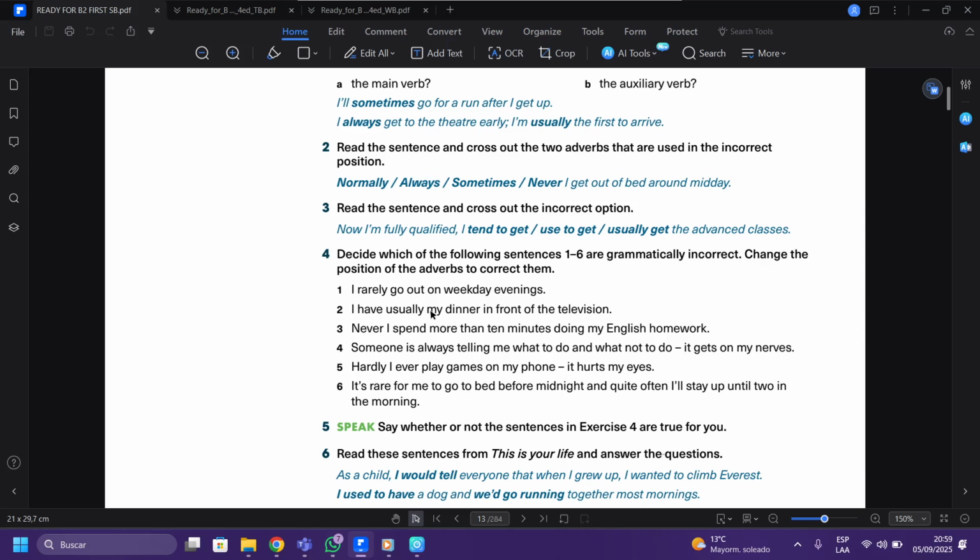Normally, I get out of bed around midday. Always I get out. Sometimes I get out, or never I get out. What do you think are those two adverbs that are in the incorrect position? Can you tell me?